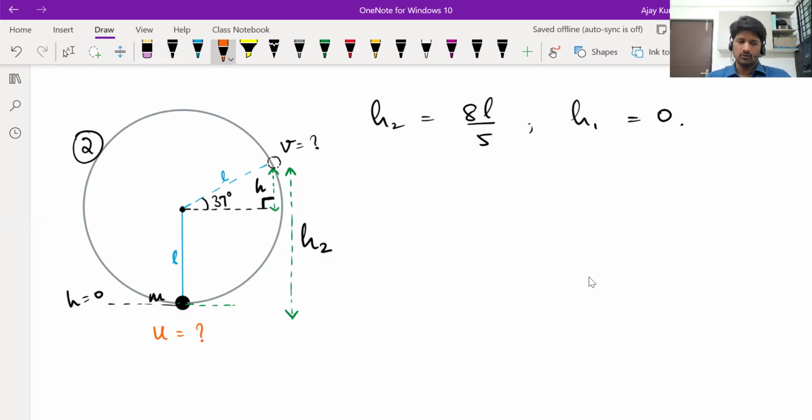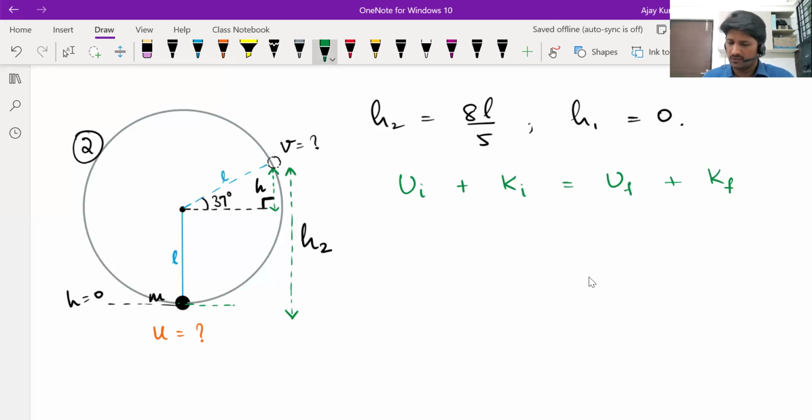Think of what all we know in motion in a vertical circle and how any of them can be applied to solve this. So we can write final velocity in terms of initial velocity. Okay, see, if you want to apply mechanical energy conservation, yeah, that is a good idea. It can be done.